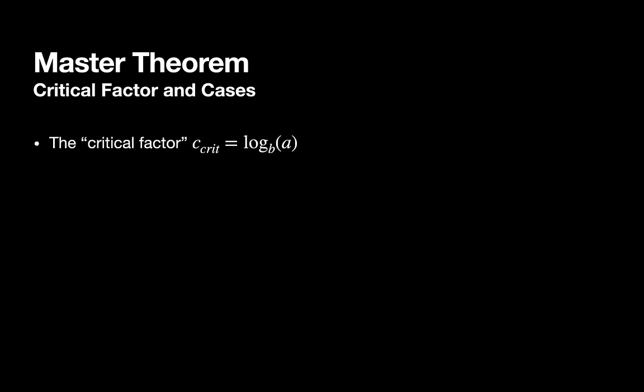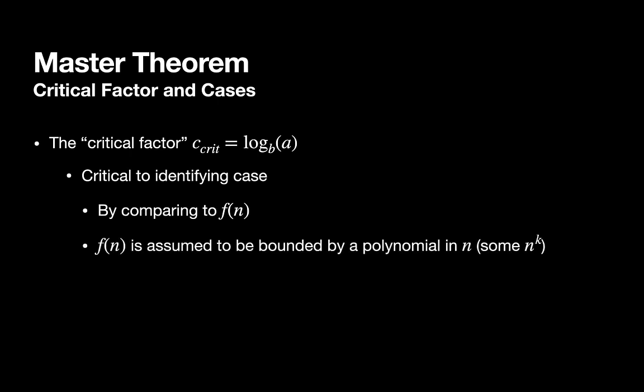The critical factor, c_crit, is equal to log base b of a, and it's critical in the sense that it helps us identify which case we're in, but we identify that case by comparing this critical factor to some aspect of f(n). Really, we need to assume that f(n) is bounded by some polynomial in n, some n to the power of k. And it's this polynomial bounding f(n) that we're comparing against the critical factor.